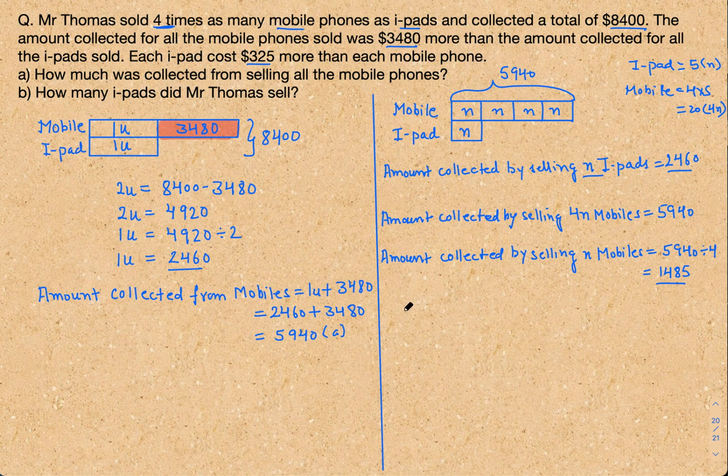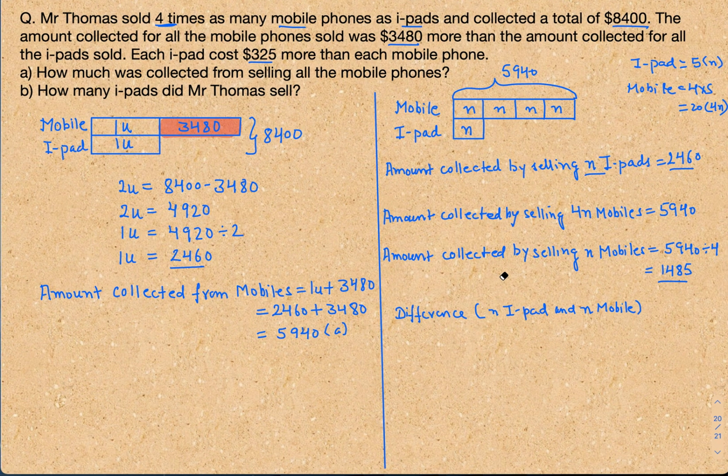So let's calculate it. The difference in cost of n iPads and n mobiles is equal to 2460 minus 1485, and that will give me 975.